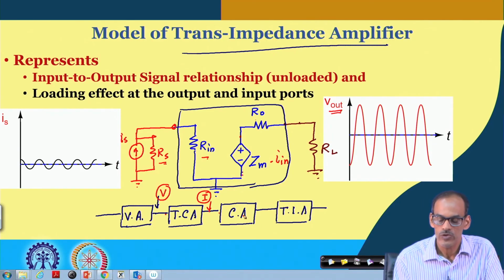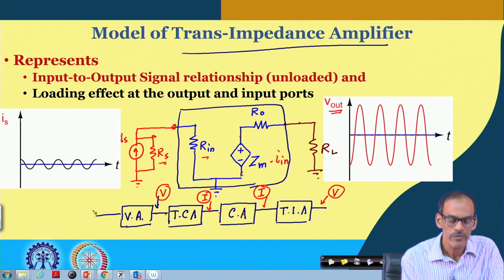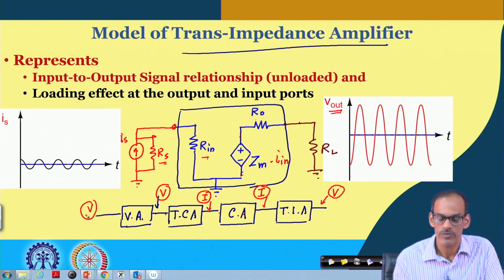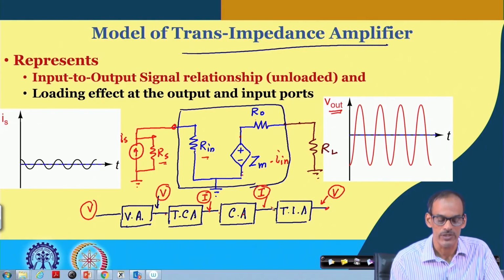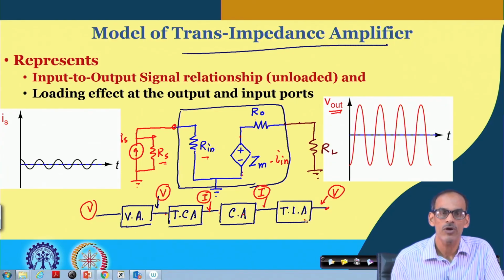The signal coming from the current amplifier is in current form, and then we have the trans-impedance amplifier, which produces the signal in the form of voltage, finally coming back to voltage.